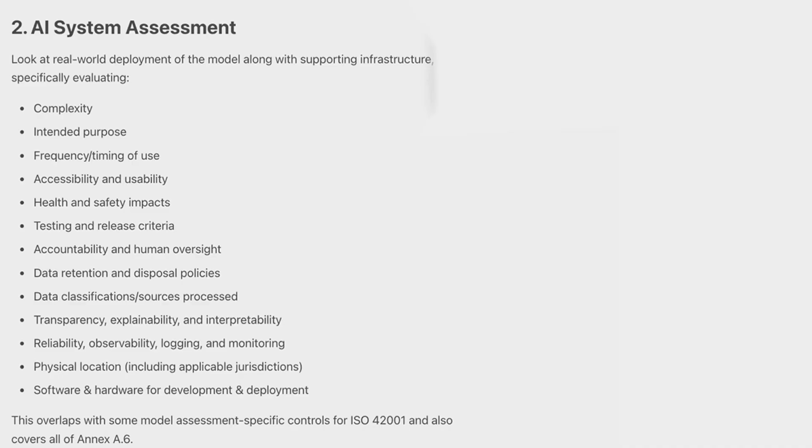Okay, now that we're done with the AI model assessment, we're going to look into the AI system assessment. This consists of evaluating a set of additional criteria that are laid out in ISO 42001 Annex A, as well as ISO 42005. So as you can see here, you're looking at complexity, intended purpose, things like reliability, data retention, data classifications processed.